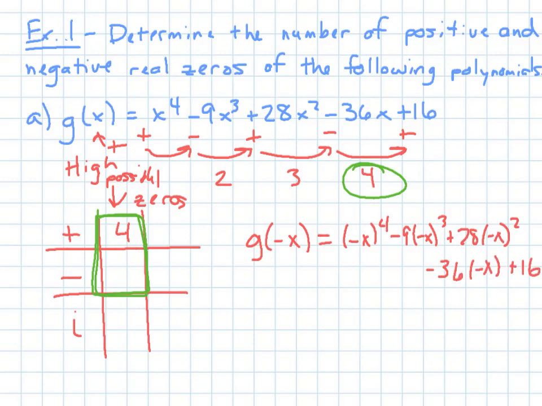Okay, and then I want to see what that does. So here, for any even power, it cancels out the negative because it makes it positive. For the odds, it changes the sign because the odds don't get rid of anything.